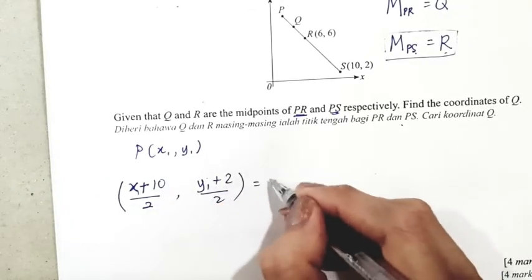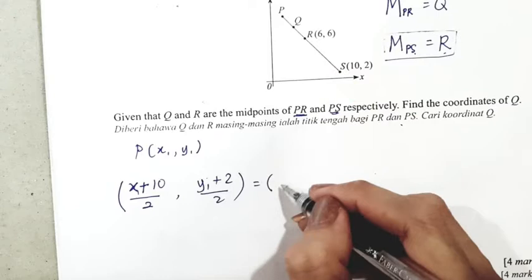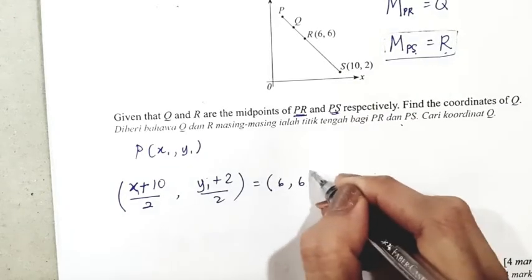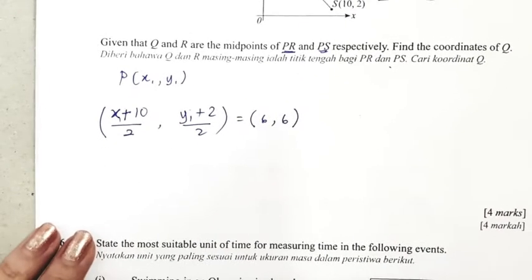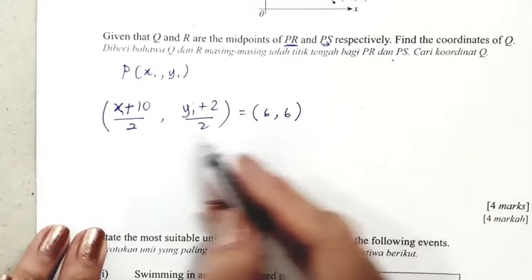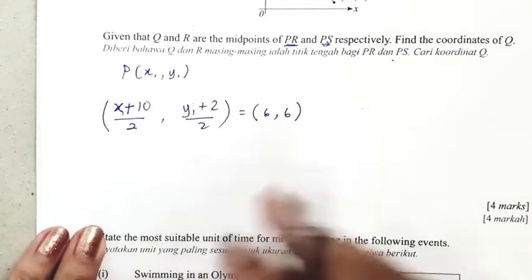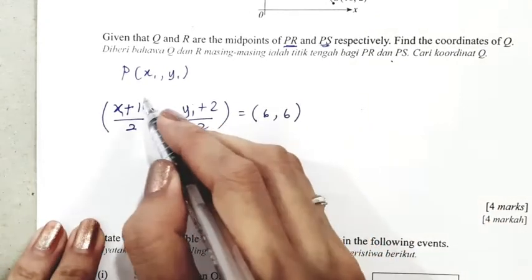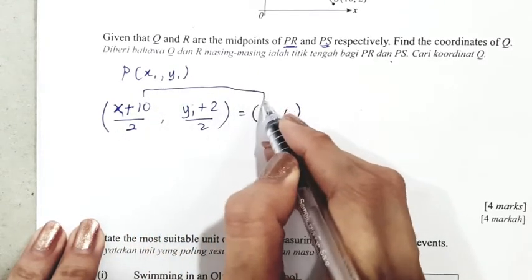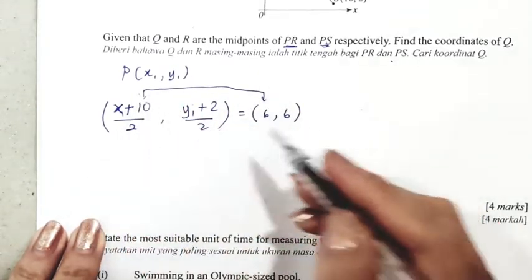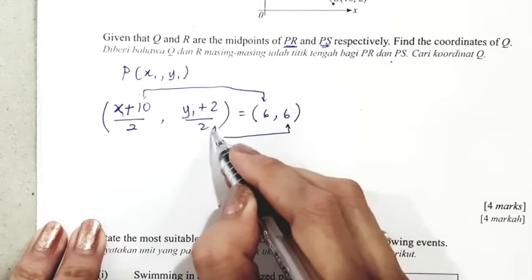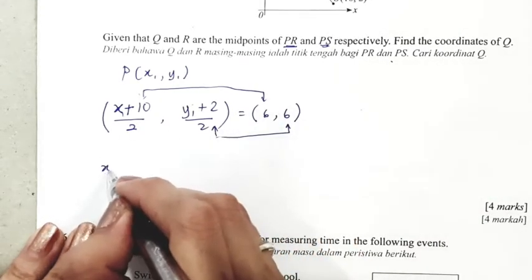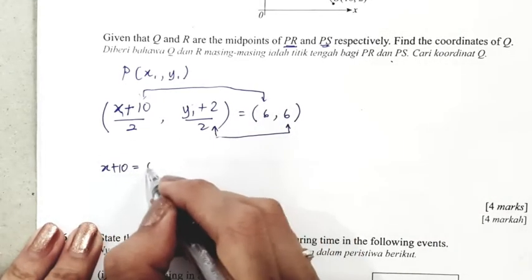That will give us R, which is 6, 6. And once we form this one, we can find our X1 by taking them out separately. X coordinates equal to X coordinates, and Y coordinates equals to Y coordinates. So over here, I will have X1 plus 10 equals to 6 times 2.